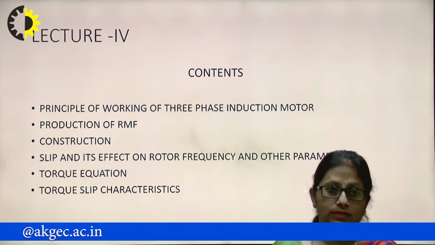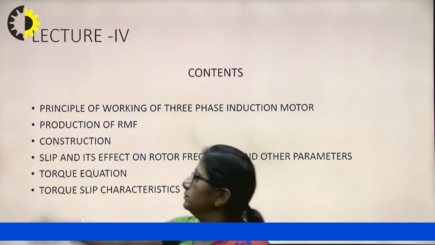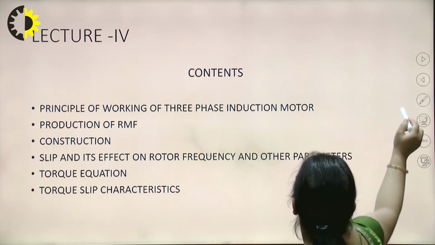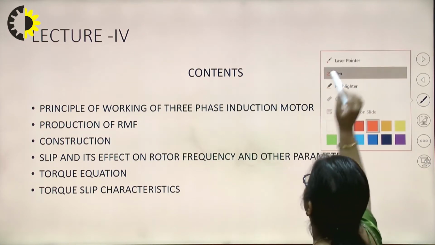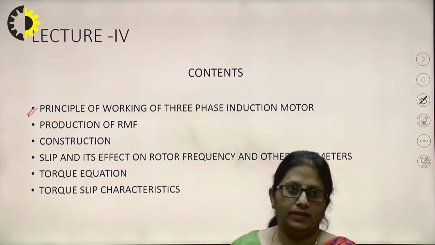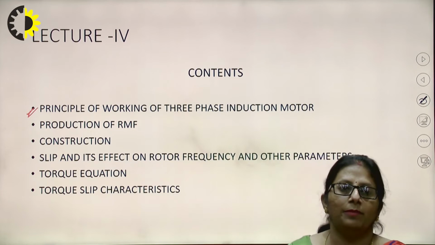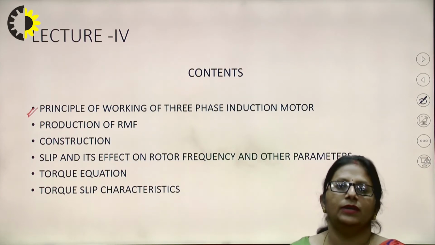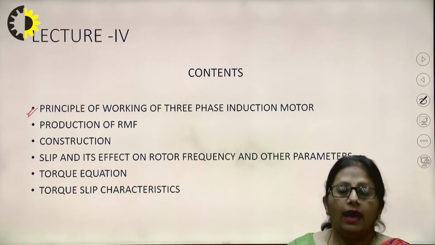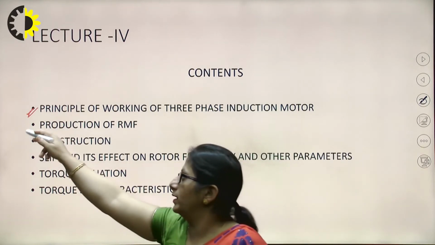In our lecture 4, we are going to see the principle of working of the 3-phase induction motor. Its principle involves the production of rotating magnetic field. So what is this rotating magnetic field basically, and how is it produced?